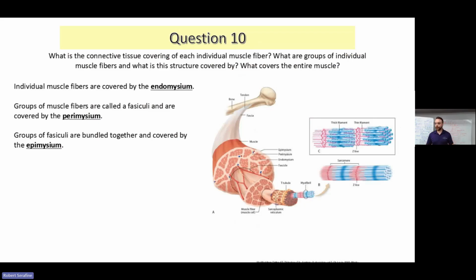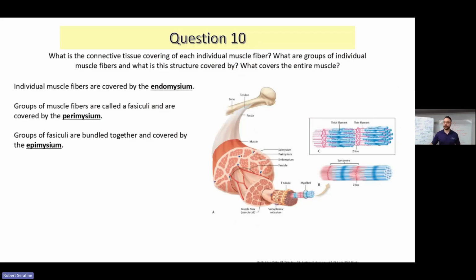Then we group that up with other muscle fibers to make a fascicle, and then cover that with connective tissue and call that the perimysium, which means surrounding. And then we cover the entire muscle, which is just groups of the fascicles, with the epimysium. Epi means the outer region, on top of.